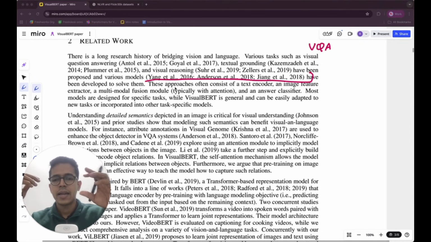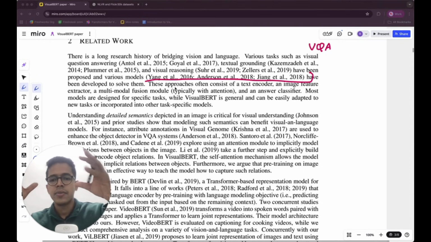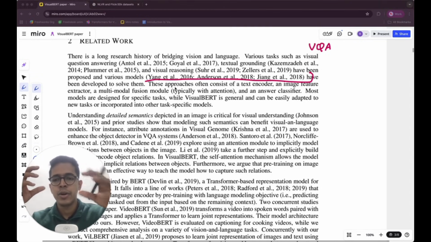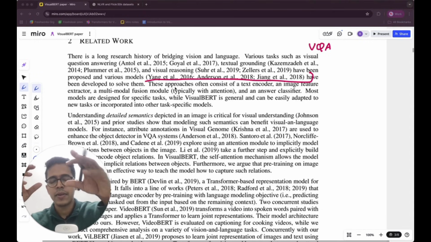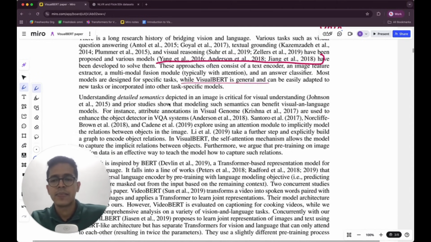The image feature extractor will extract features from the image using CNN or whatever, and then convert it into vectors. And the fusion module basically will produce self-attention between all the tokens. And then an answer classifier. Most models are designed for specific tasks, while VisualBERT is general and can be easily adapted to new tasks or be incorporated into other task-specific models.